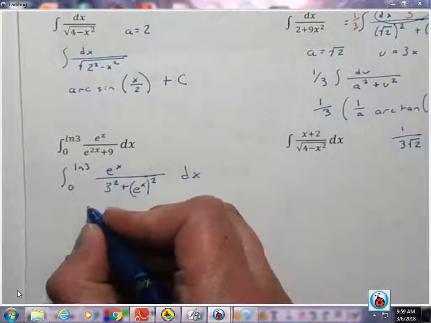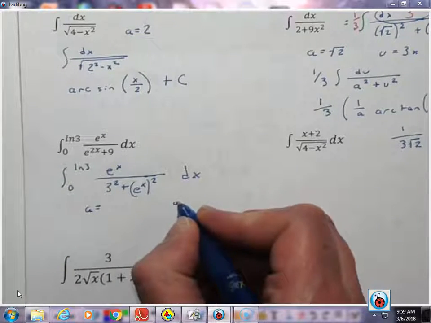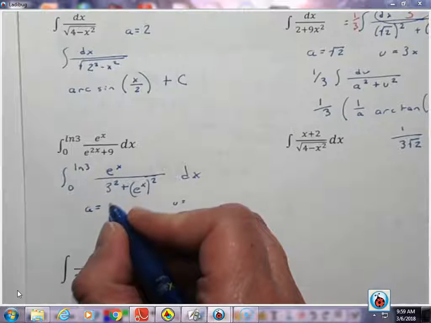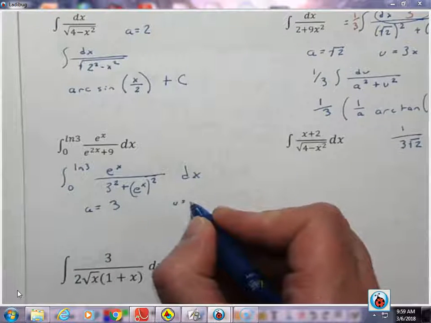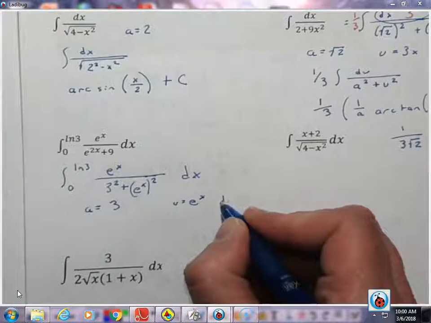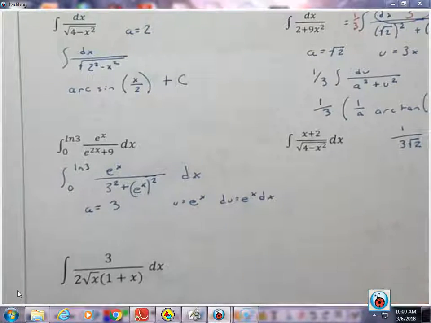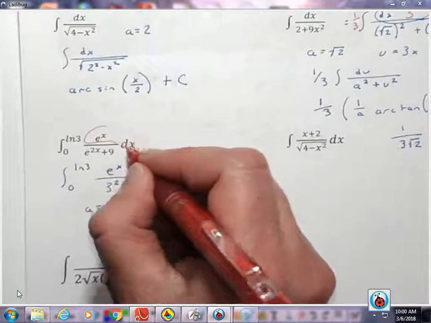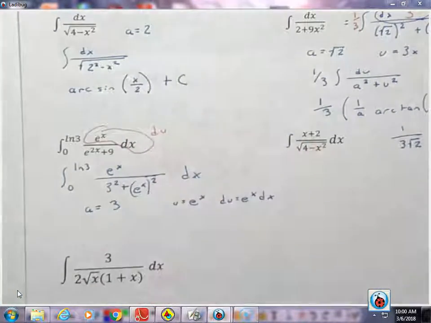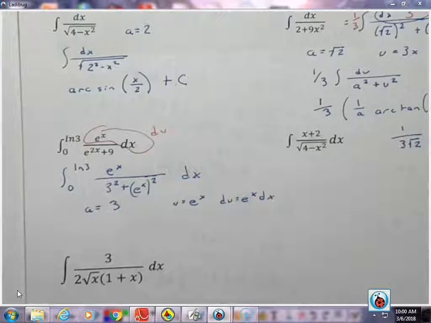Okay, so I think I can go ahead and define what my a is and what my u is. So a and u. Yep, du. Do I have it? Yes. So it doesn't matter which one is A and which one is B. Well, a represents the constant, and u represents the variable.